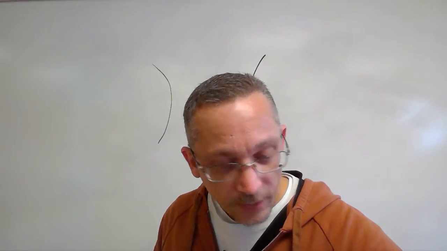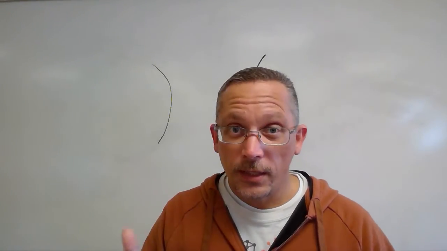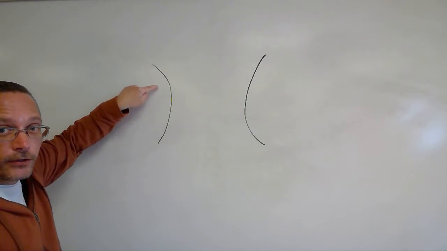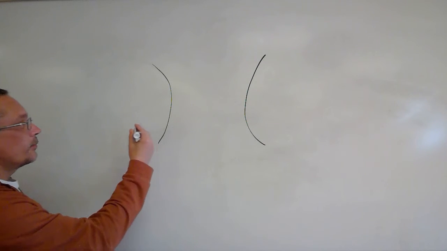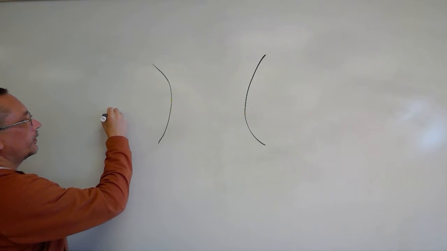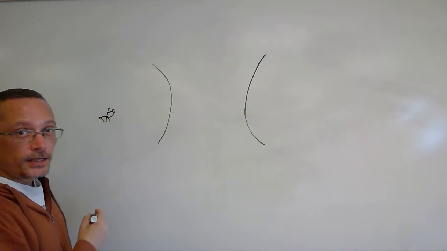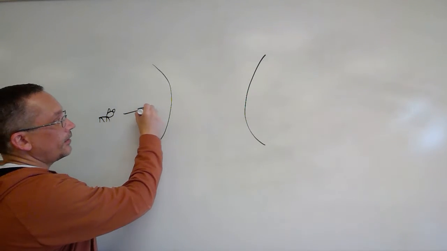And I always have trouble remembering which is which. The names are pretty similar, but then I thought of a good way to think about it. Here we have a mirror that curves inward, and I think about a bear. Here's a bear. And ask yourself, can the bear go in the cave?